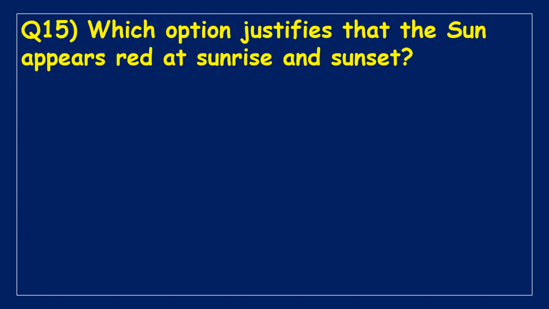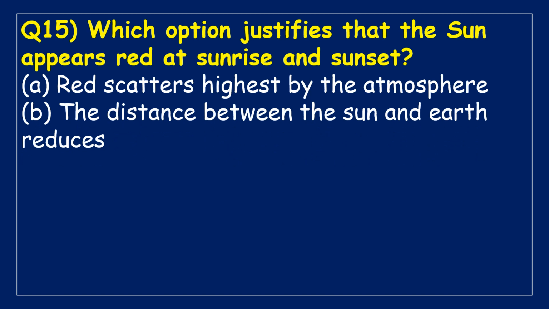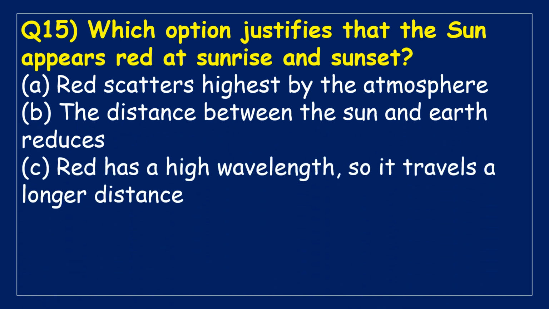Next question. Which option justifies that the sun appears red at sunrise and sunset? This question we already discussed. Option A, red scatters highest by the atmosphere. Option B, the distance between the sun and the earth reduces. Option C, red has a high wavelength, so it travels a longer distance.